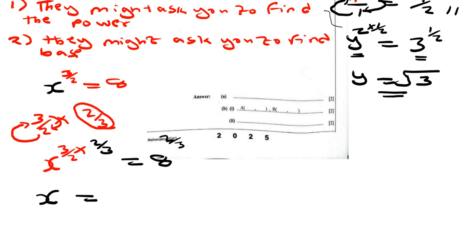Now we need to be capable of interpreting this. If you don't know how to interpret that, you need to understand that if you've got a root and a power which is a fraction like 2 over 3, the denominator of the power goes on the tail, and then 2 is the one that becomes the power.